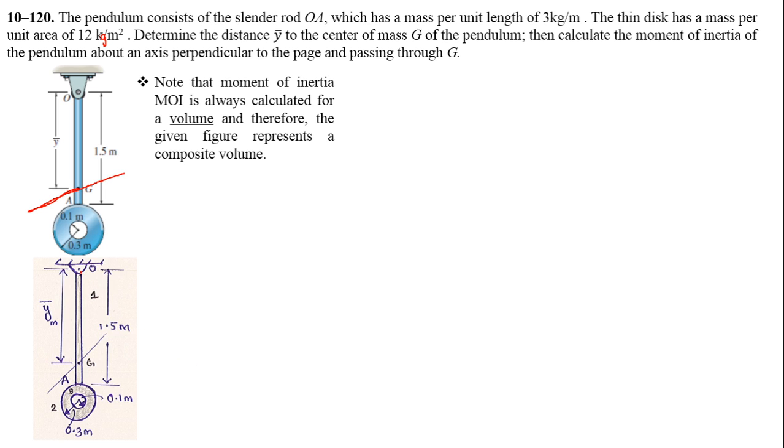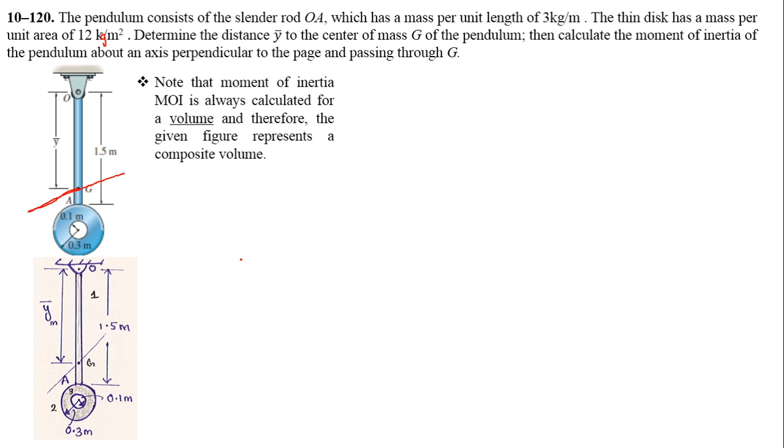So we are considering this point O as our reference. So everything will be measured from this point O, which is also the supporting point for this pendulum. And from this point O, we are going to first calculate the center of mass for this entire volume, which is composed of these 3 sub volumes 1, 2 and 3.